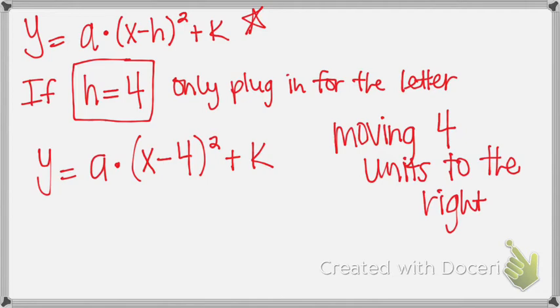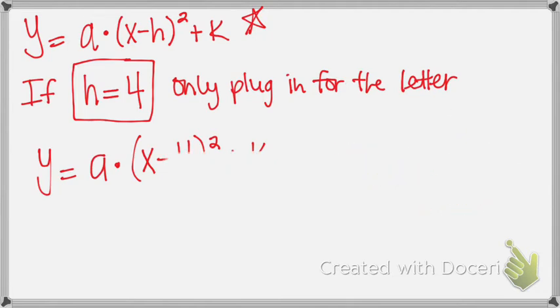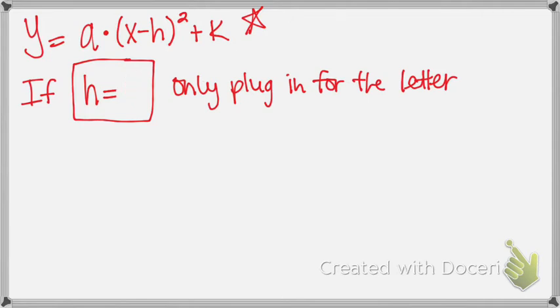Now, if I say, can I erase this bottom part? Same example, except now H is going to be negative 2. Now, what am I plugging in for H? Negative 2, okay?